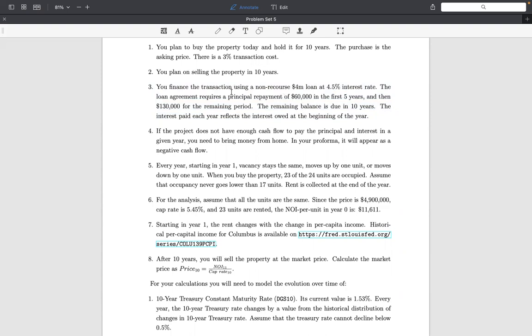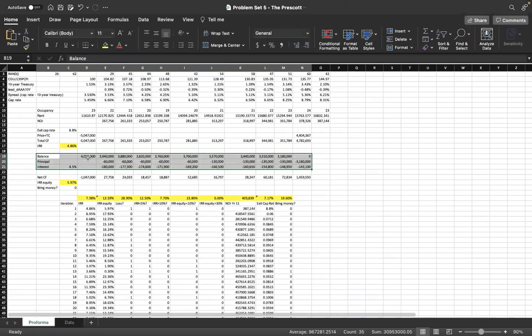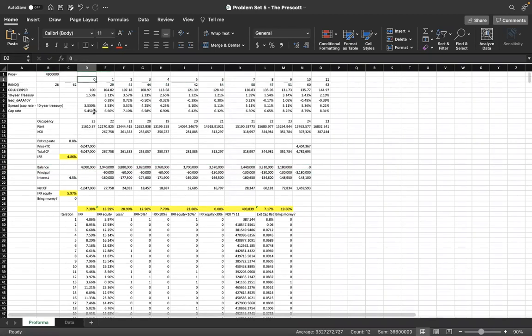It requires a principal repayment of $60,000 in the first 5 years, and then $130,000 for the remaining period. The remaining balance is due in 10 years. The interest paid is based on your beginning balance. So here it is. This row is your beginning balance. At time 0, you have 4 million outstanding.